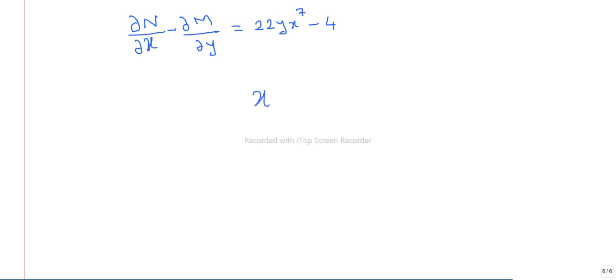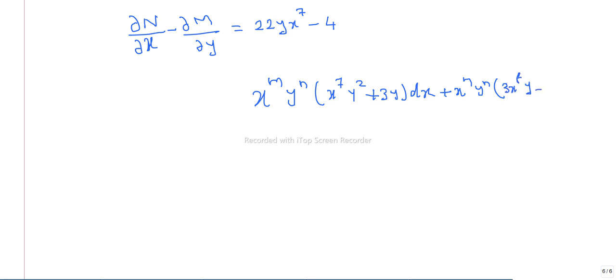So if you multiply x power m y power n to this equation, what is the equation? x power 7 y square plus 3 times y into dx, plus x power m y power n into 3x cube, x power 8 y minus x into dy equal to 0. Now this equation becomes exact.